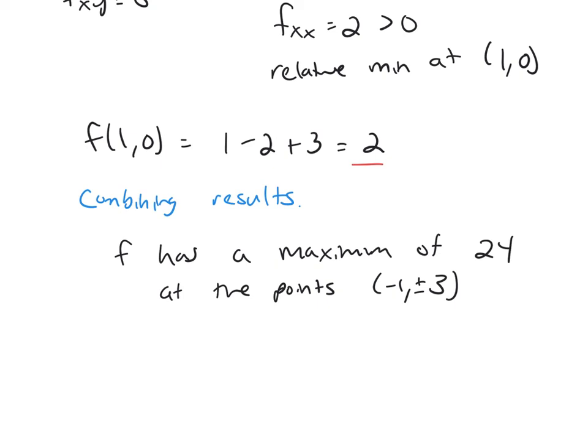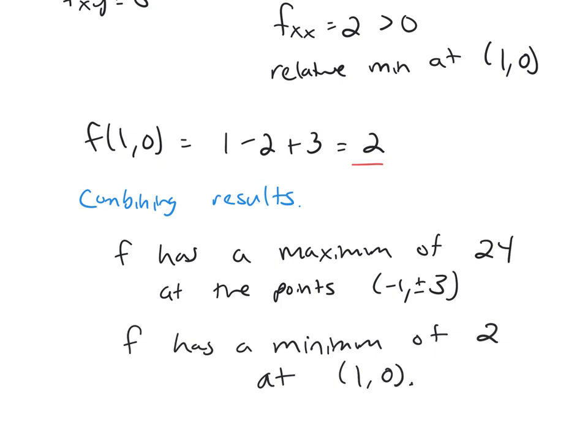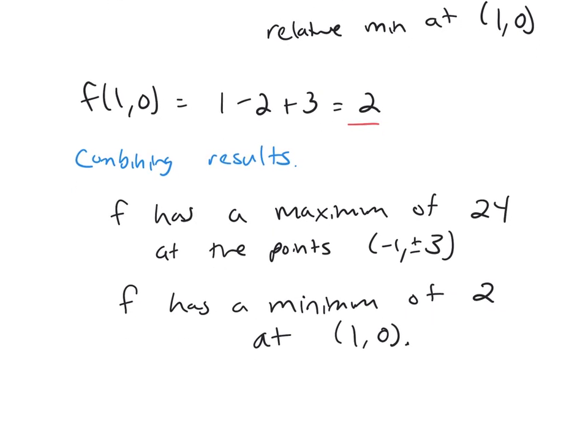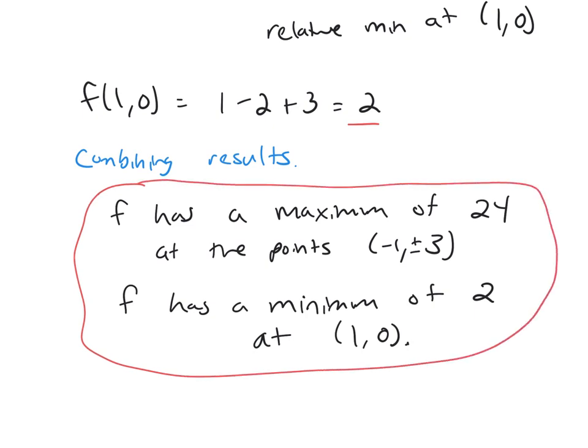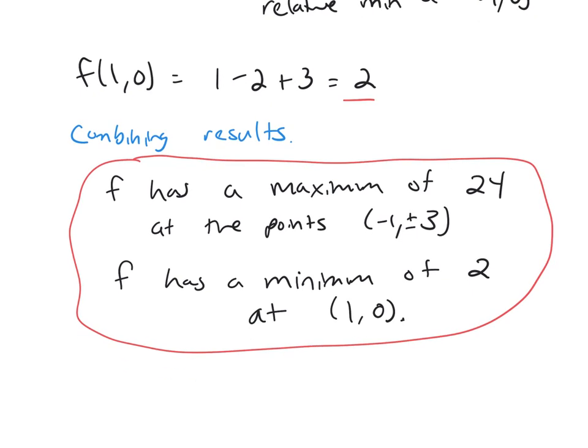And the smallest value, f has a minimum of 2 that occurred at the point 1, 0. So there's my maximum and minimum values of my function on the boundary and inside of the circle of radius square root of 10.